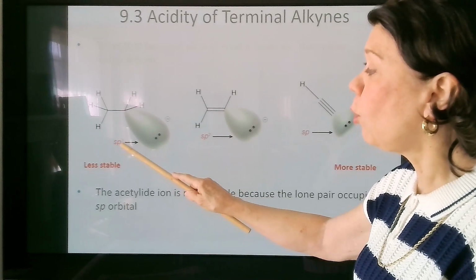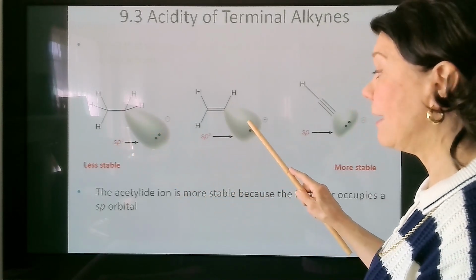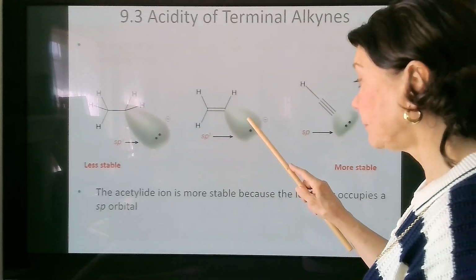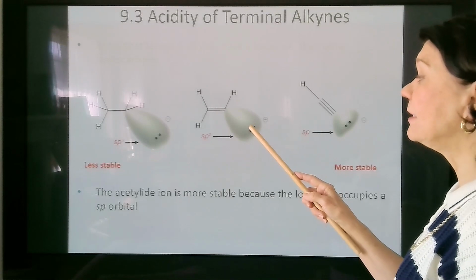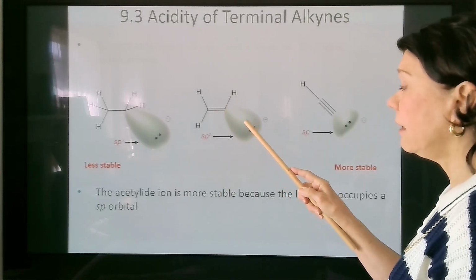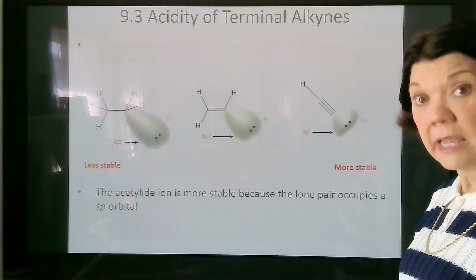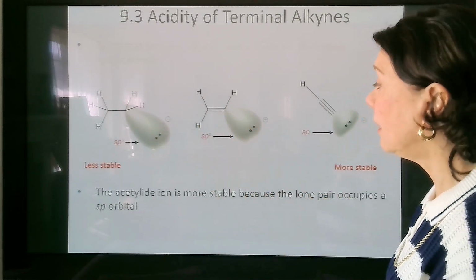This is 1/4 s character. So this is shorter and fatter, like an s orbital. And since it lies closer into the nucleus, it is more stable. And so that's why a vinyl anion would be more stable than the simple ethyl anion.